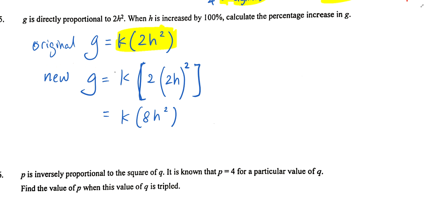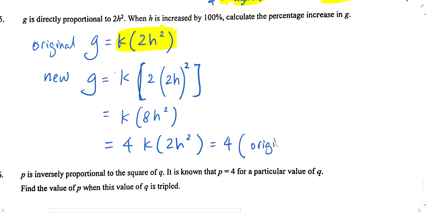That means I should rewrite this to become 4k 2H square, yes? Okay, this is my new G, which is actually the same as 4 times the original G, isn't it? This is my original G. So from simply G, the new G is 4 times the original G.